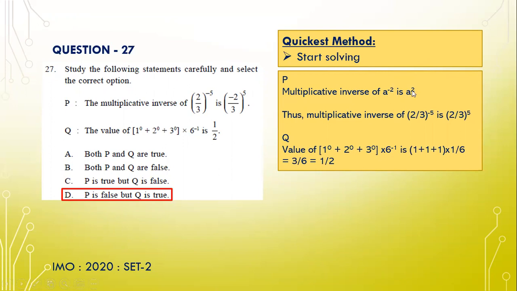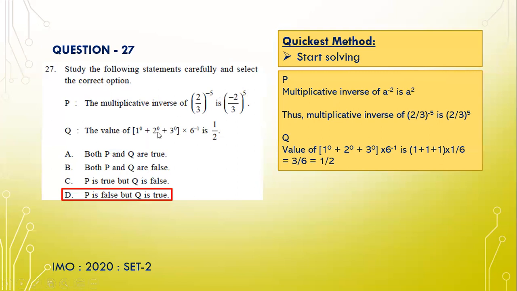Multiplicative inverse is a into its multiplicative inverse will be 1, isn't it? So multiplicative inverse of a raised to minus 2 is a raised to 2, and that's why multiplicative inverse of 2 upon 3 raised to minus 5 will be 2 upon 3 raised to 5, isn't it? It will not be minus 2 upon 3 raised to 5. So P is false. Let's solve Q.